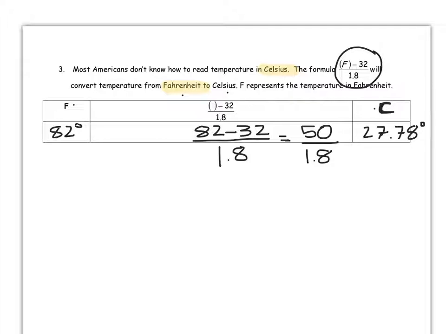So what that means is that 82 degrees Fahrenheit means exactly the same thing as 27.78 degrees Celsius. It's so weird, because if you think about 27 degrees in Fahrenheit, that's so cold. But 82 degrees, very, very hot, in Celsius actually means 27.78 degrees.